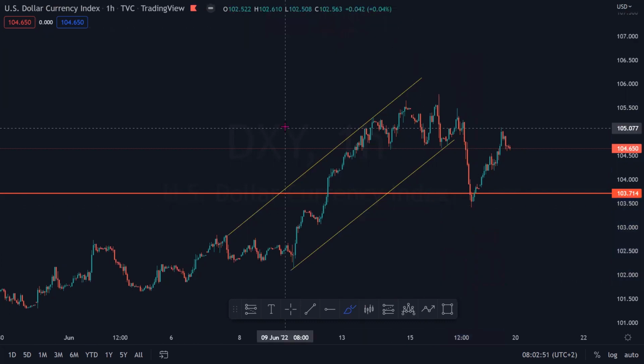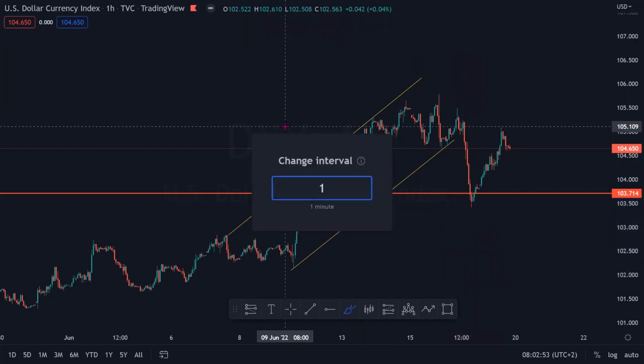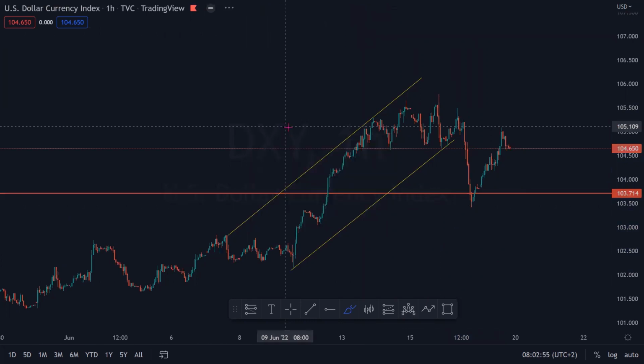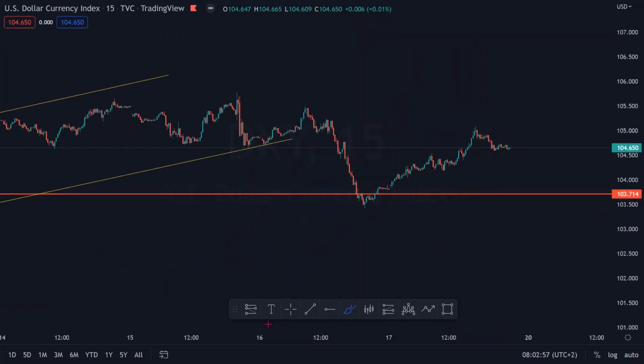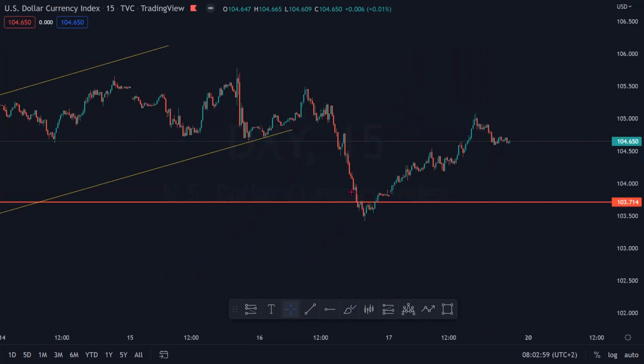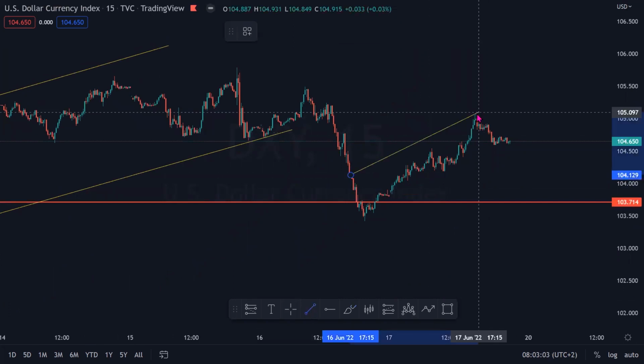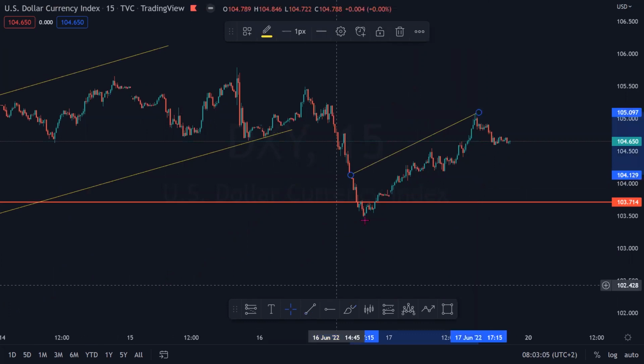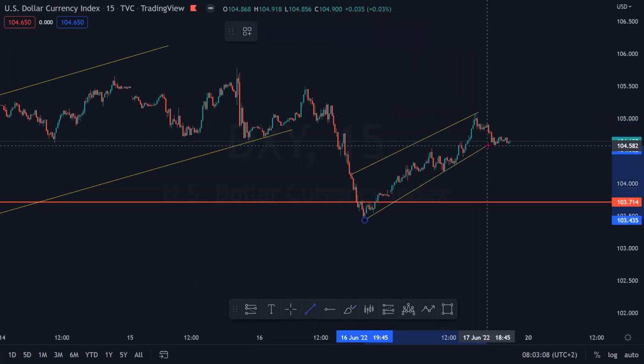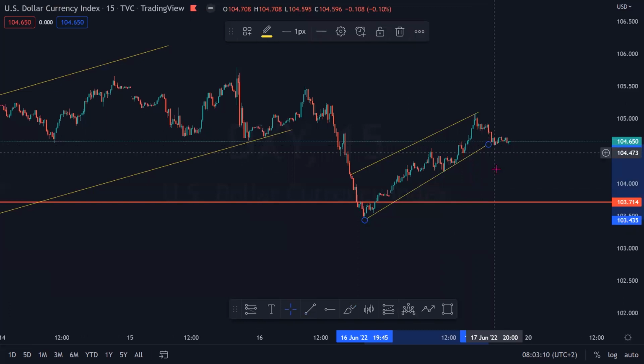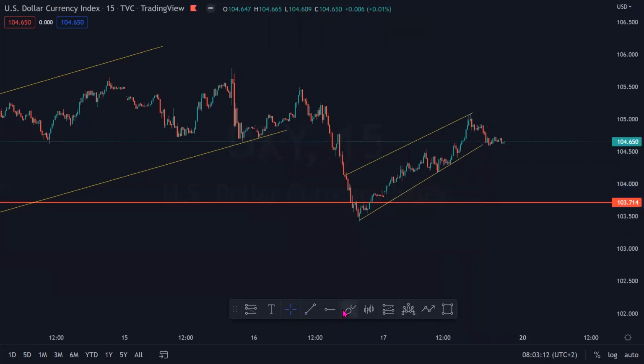So let's go to 15 minutes and see what's going on. Now we are on 15 minutes. We have our continuation pattern. Like I said, this is our continuation pattern, and this one right here is a tight flag, smaller than a flag on lower time frames.